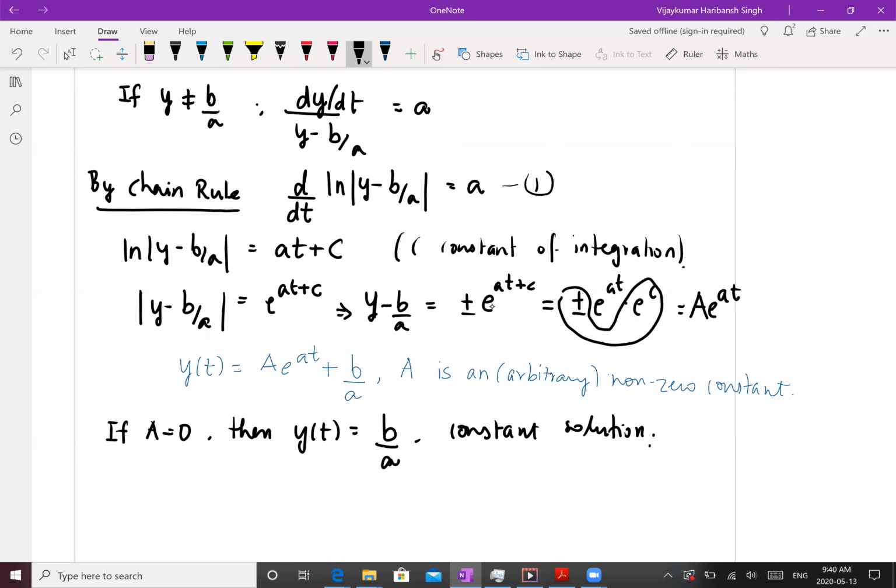However, this cannot happen because A is e to the power c and exponential functions are never 0. Okay. So you saw this by inspection that you could use chain rule to solve this differential equation. So this is your solution to the differential equation here.